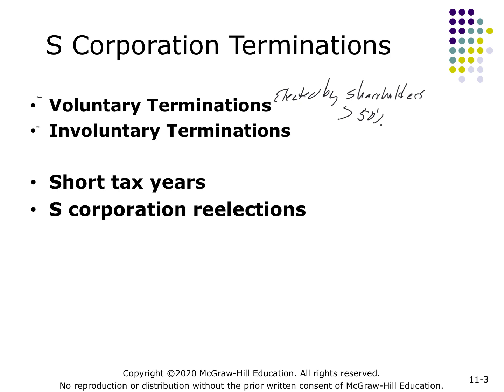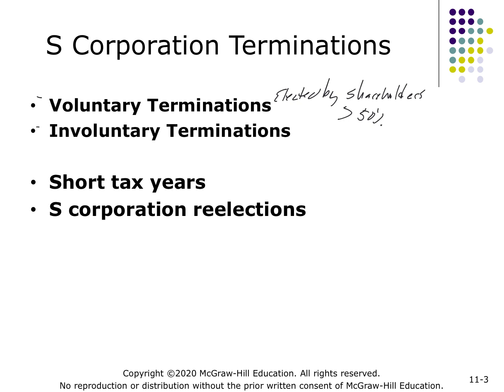You have to make the revocation on or before the 15th day of the third month of the year, and then it will be effective at the beginning of that year, okay? Otherwise, it is then effective the first day of the next year, okay?